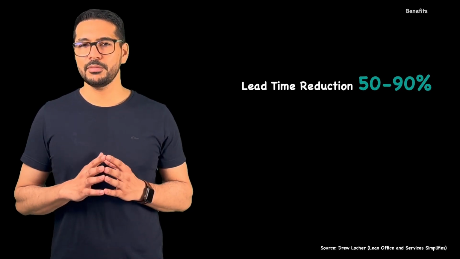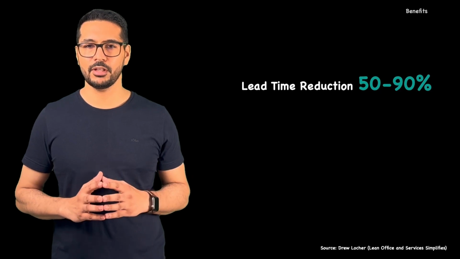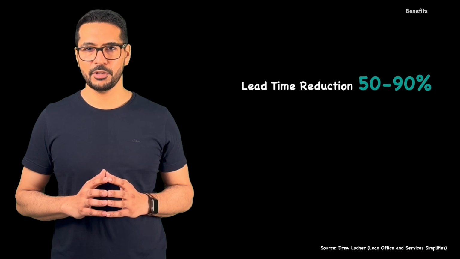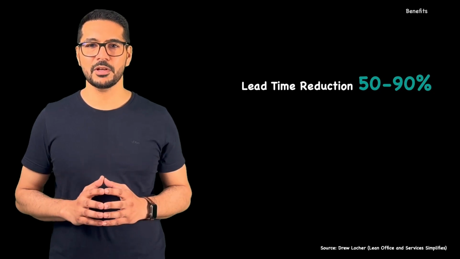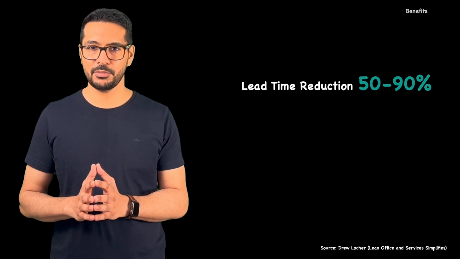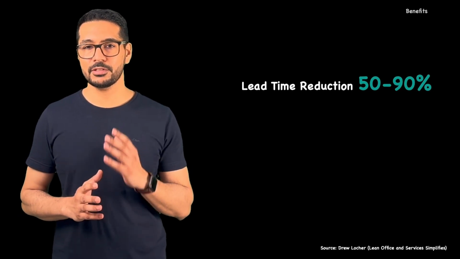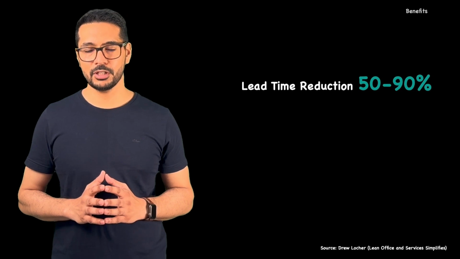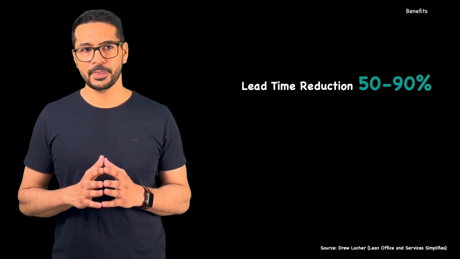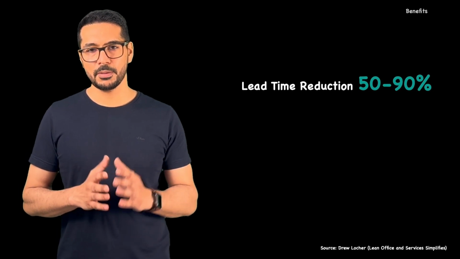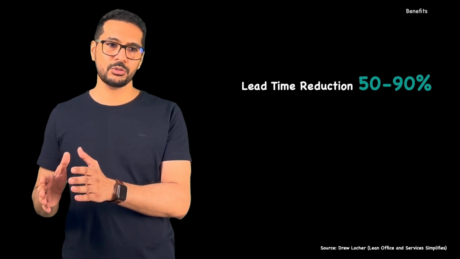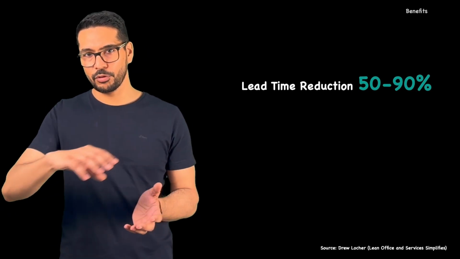So what are the benefits of creating flow in the office area? The first benefit is lead time reduction. It is estimated to be from 50% to 90% lead time reduction. How? Throughout our journey so far, with different elements, we have focused on how to reduce the buffer between employee 1 and employee 2, and how to create one-piece flow between them.